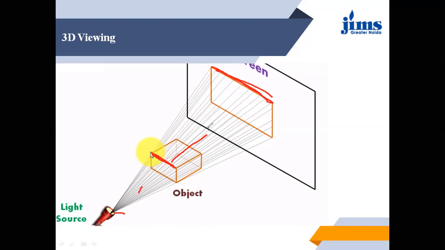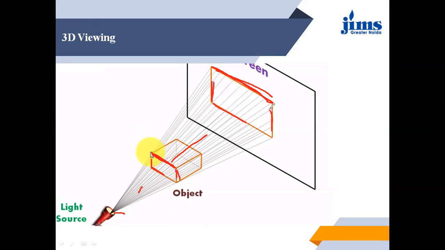This is the projection of the lower edge. This is the projection of the right edge, and this is the projection of the left edge. This is the left edge, and this is its projection. And the projection of the right edge is this.